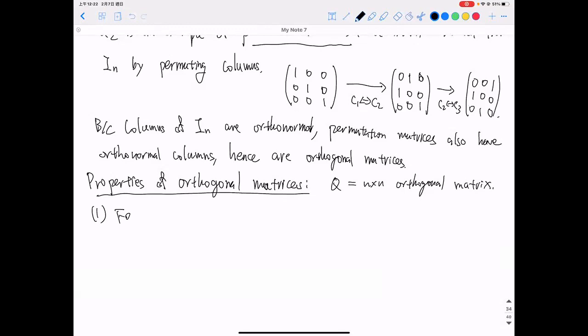First one, for x in Rn, if you apply Q to x, its length is equal to the length of x.